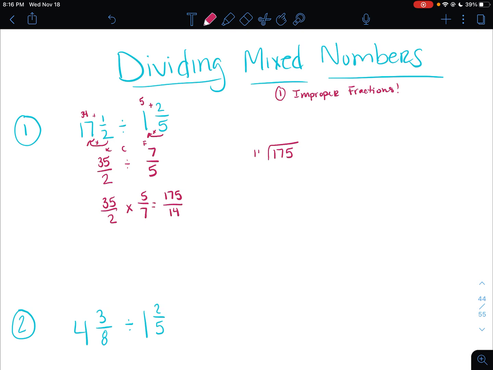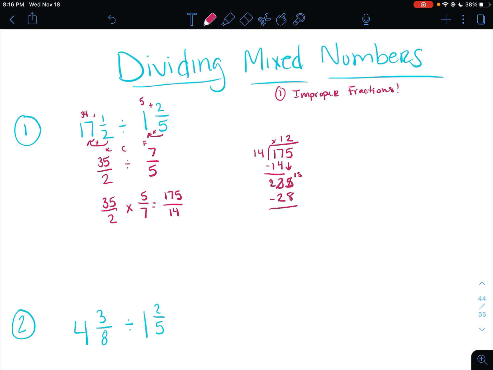So turning this back into a mixed number, you can do long division. 175 divided by 14. 14 doesn't go into 1, but it does go into 17 once, because 1 times 14 is 14. 7 minus 4 is 3. Bring down the 5. How many times does 14 go into 35? Goes in twice, because 14 times 2 is 28.